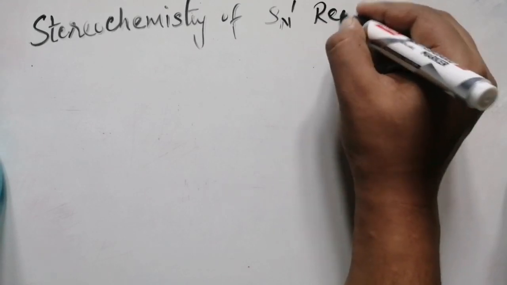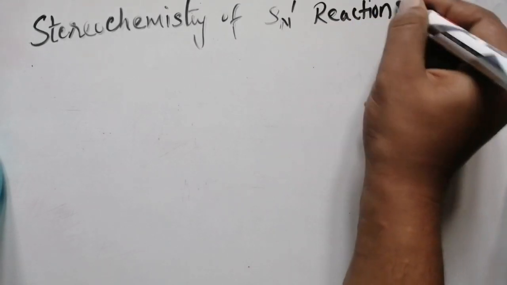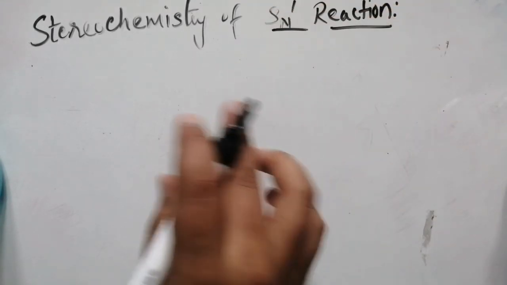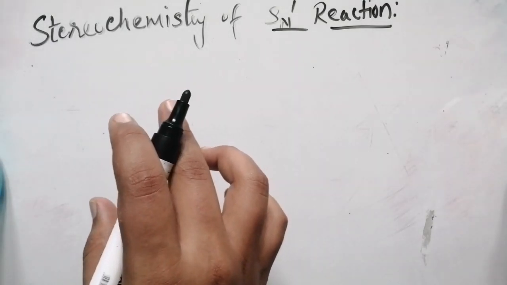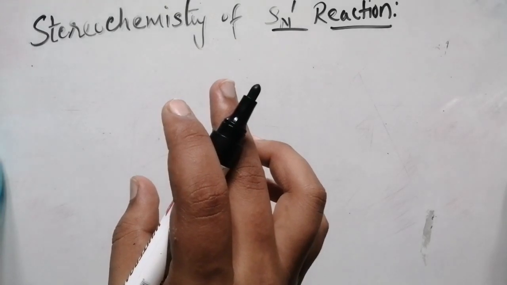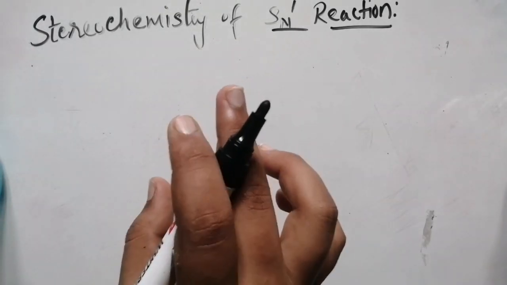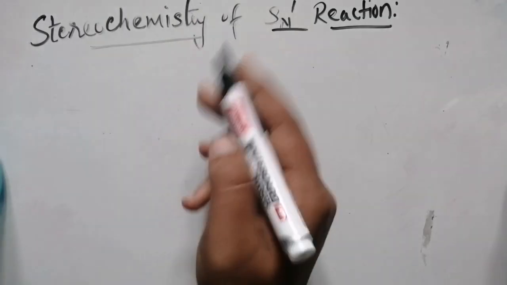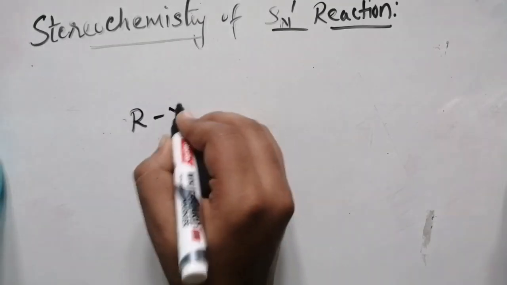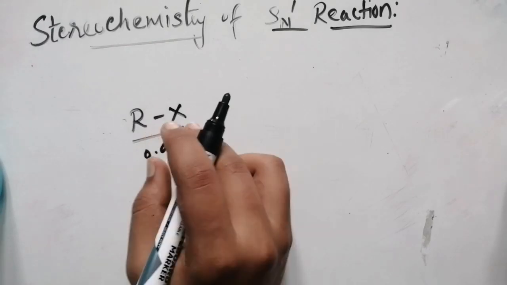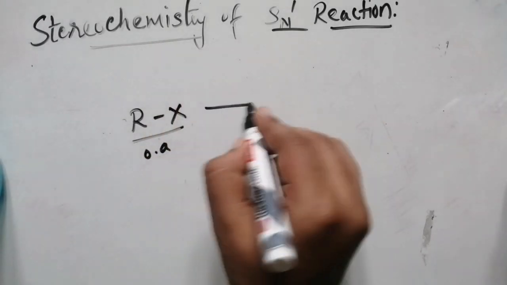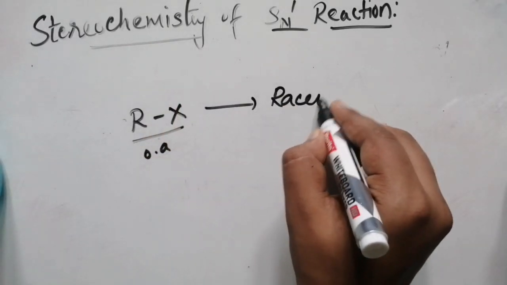Stereochemistry of the SN1 reaction. If the SN1 reaction has an optically active alkyl halide, then the product will be a racemic mixture.